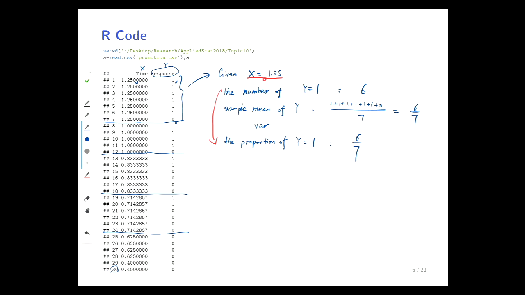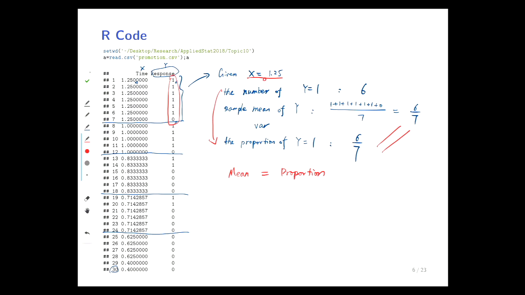So in this specific 1-0 response variable case, the proportion is exactly equal to the mean. Remember something here: for the binary response, mean equals proportion. That's actually from our observation of the data.